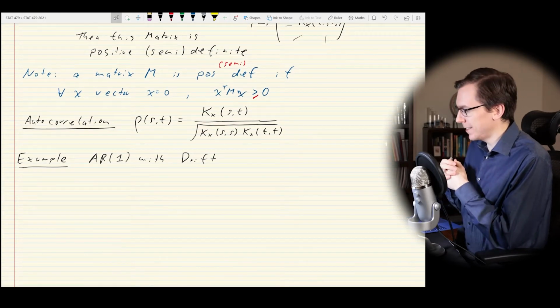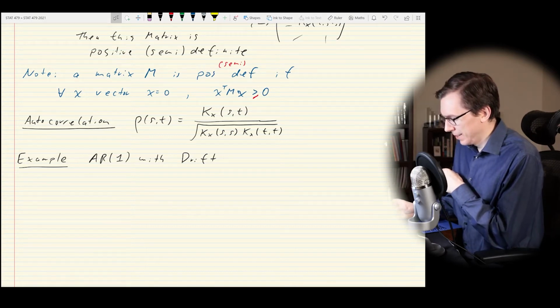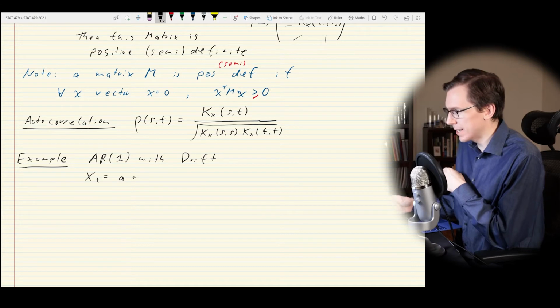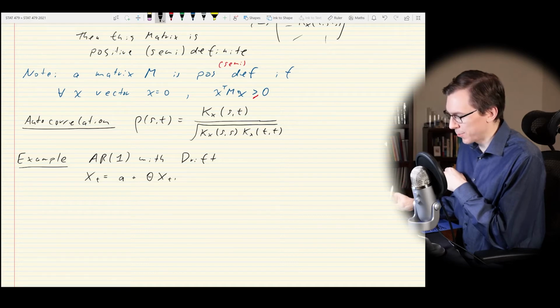All right, so let's consider the AR1 process with drift. What we have is an x_t, which is going to be some a, the drift term, a constant, plus theta x_{t-1}. We want to go into the past, not into the future.